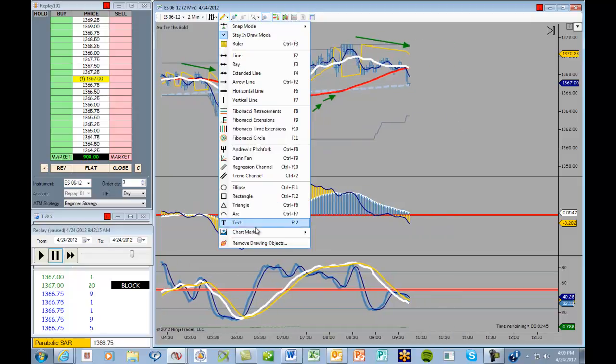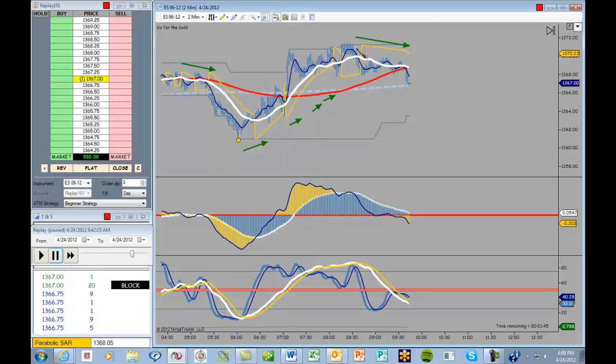So there's our high. And now we're on our way to a low. Looks like we've already got a 1, 2, 3, and we're heading lower.